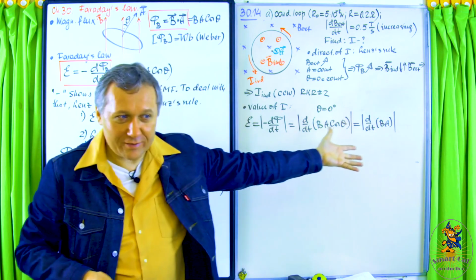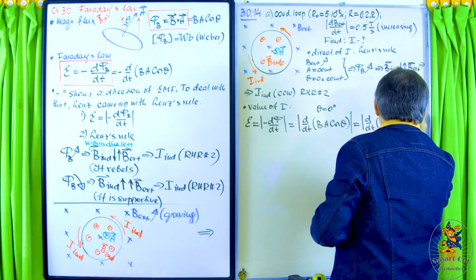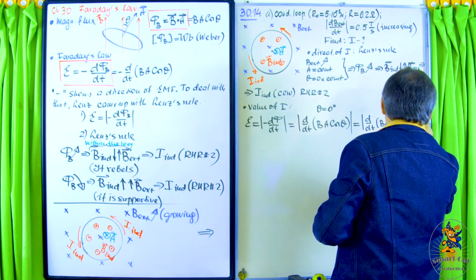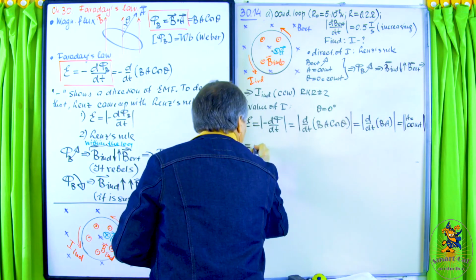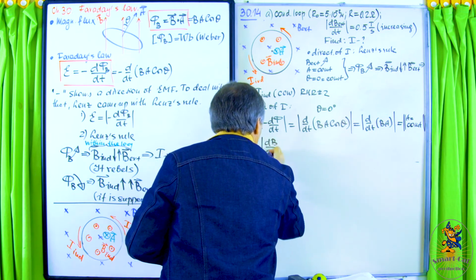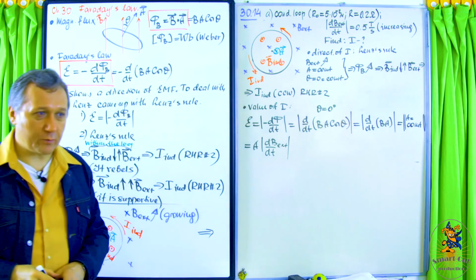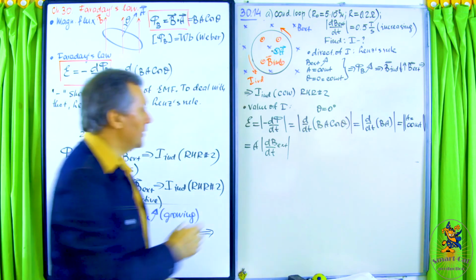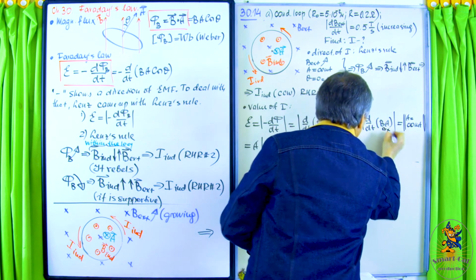Area cannot be negative, it's an area, right? So it will be A times the absolute value of dB over dt. And of course, you understand we're talking about the external magnetic field. Probably I should have emphasized external, right?